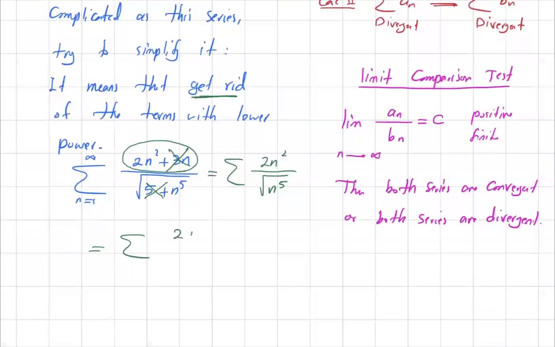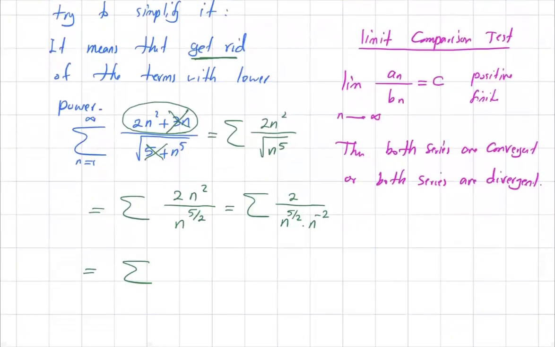You get the summation of 2n squared divided by n to power 5 over 2, which can be written as the summation of 2 divided by n to 5 over 2 times n to power negative 2, which can be written as the summation of 2 divided by n to power 1 over 2. Well, what is this? This is something that I saw before? Yes, of course. This can be written as 2 times the summation of 1 divided by square root of n.